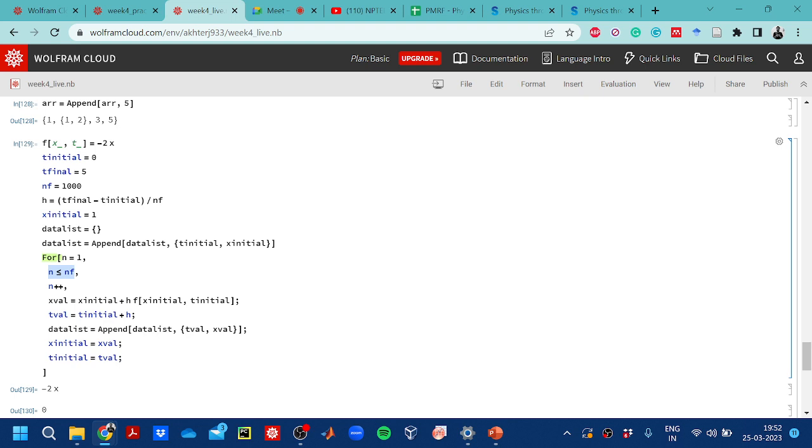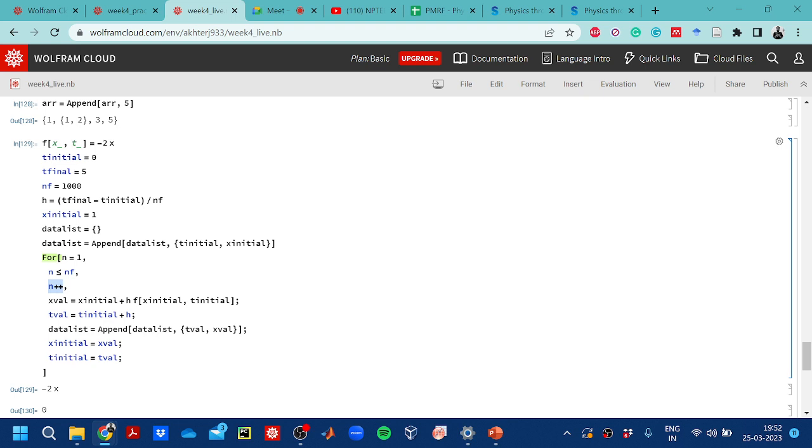So you have to specify the end point. And the third one is increment. So how you want to increment the value, so this is our increment condition. So in the for loop, what will it do? First it will take n value to be 1, then it will increment n with 1.